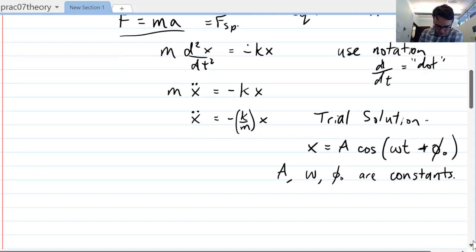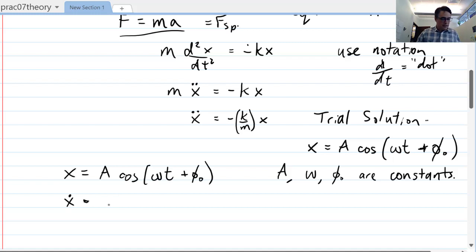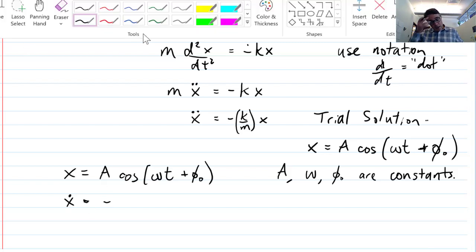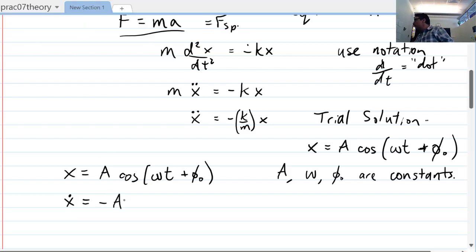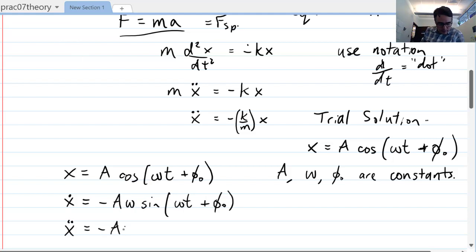So let's write down the various derivatives. So there's x. The derivative of cosine is negative sine, and you've got an omega in there on the t, so that comes out. So you get negative A omega times sine of that same argument.